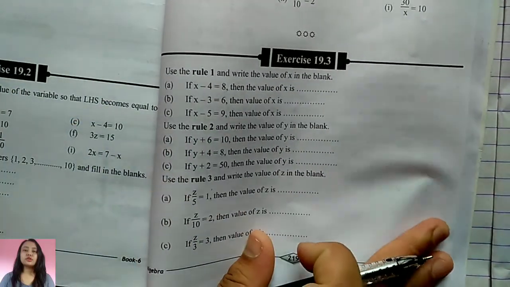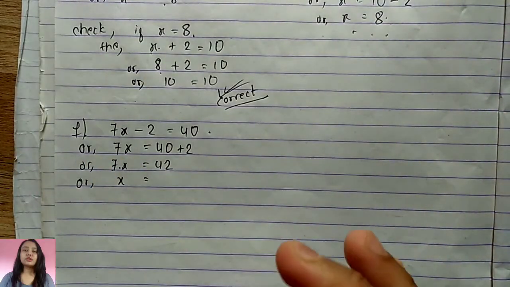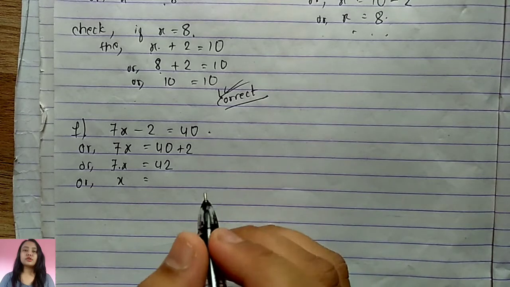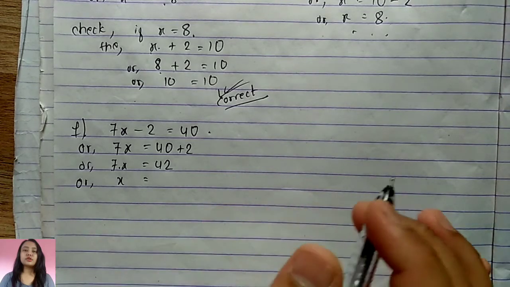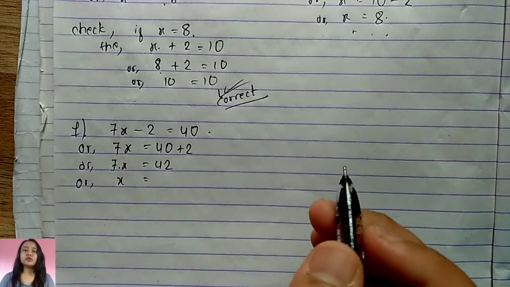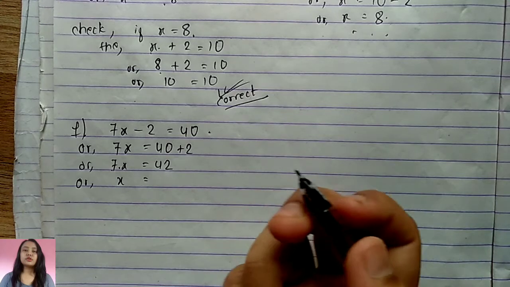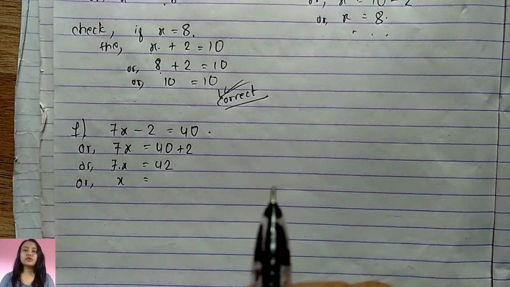Such types of questions will be given to you. If the question mentions that you have to use rule 1, 2, 3, or 4, then you must use that rule. If the question is just asking to solve and check, then you do not need to apply the rule, you can do it directly. But when the question asks, please be focused, okay?